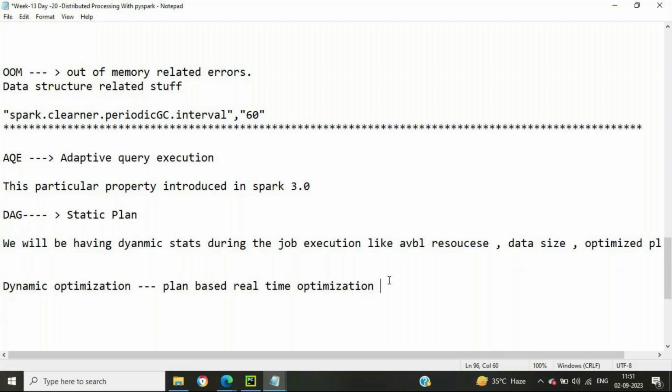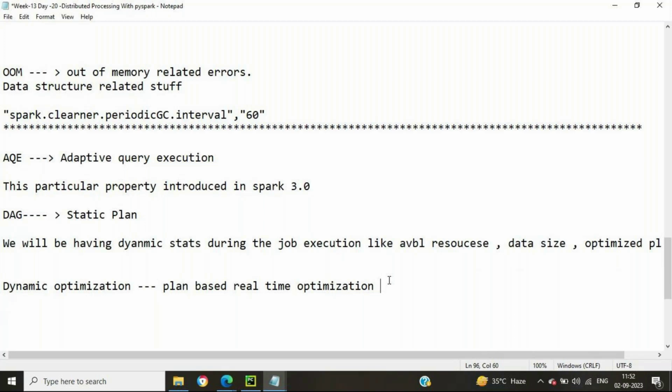We increase the number of partitions in the starting so that we can take the benefit of parallel processing, and once the data size is reduced, we decrease the number of partitions, so that the application master does not need to monitor too many partitions where the data is very little. That was done manually: we increase the number of partitions, then we decrease the number of partitions.